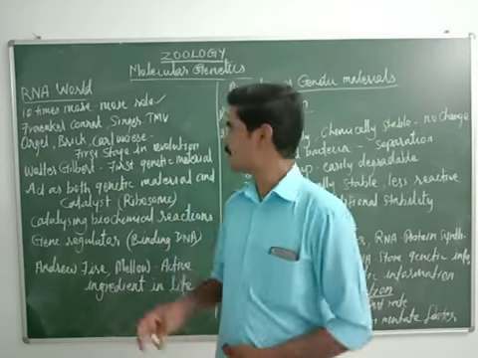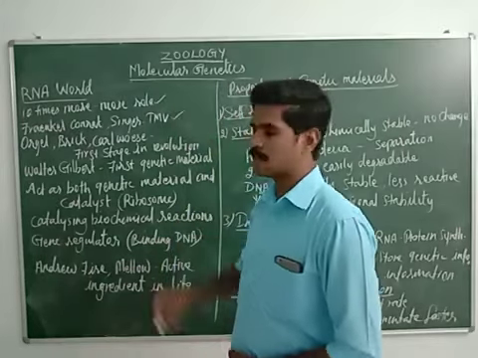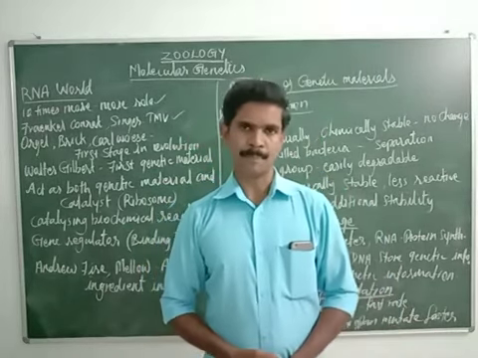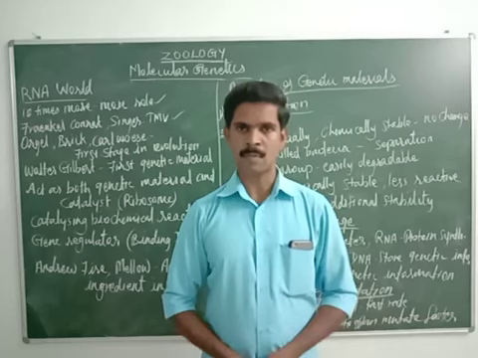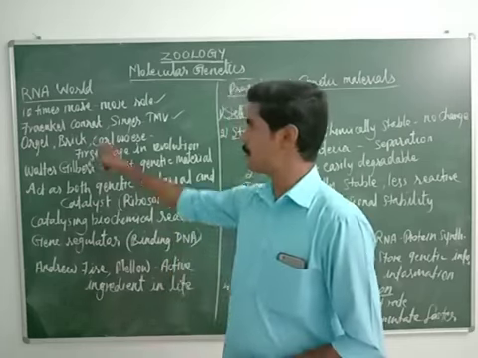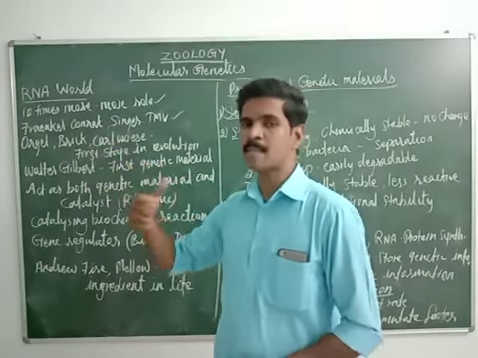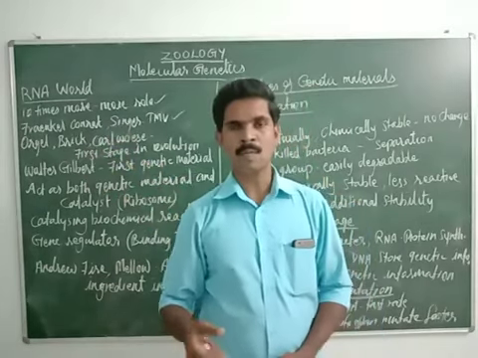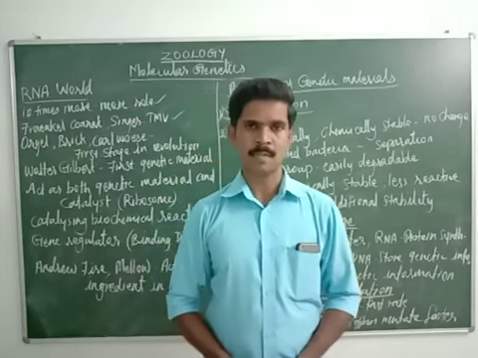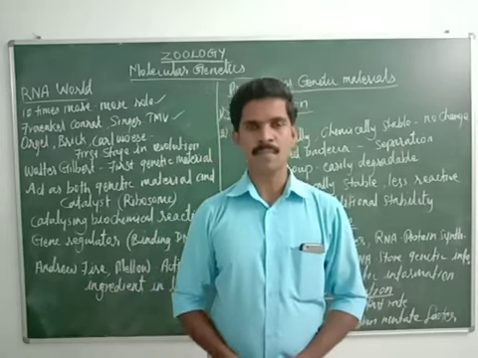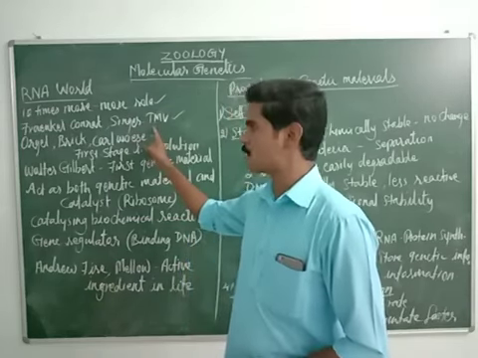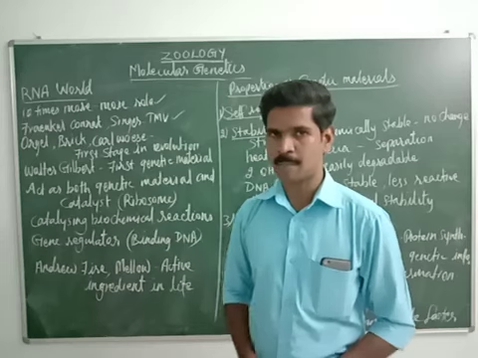For example, in the tobacco mosaic virus the genetic material is RNA. These two scientists separated the RNA molecules from the protein of the tobacco mosaic virus. So this is the second point about the RNA world.